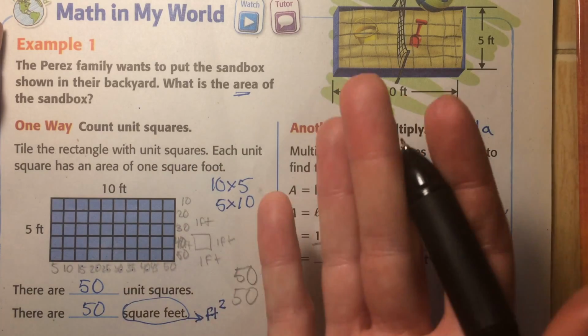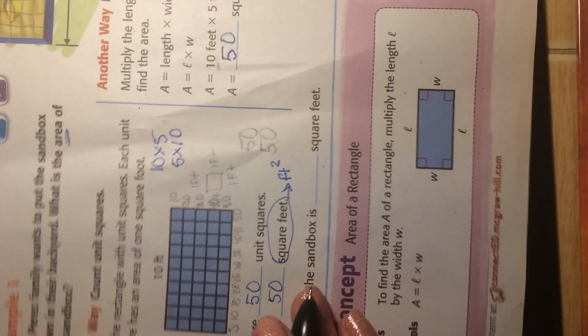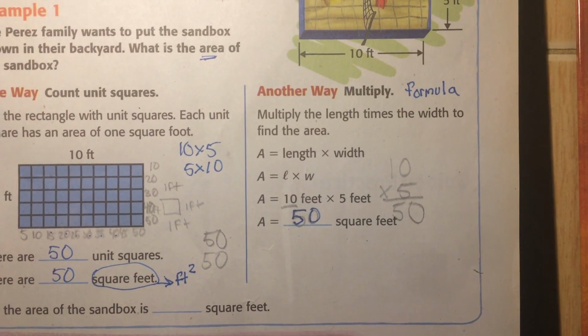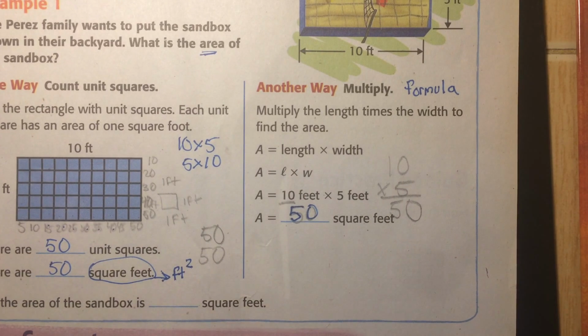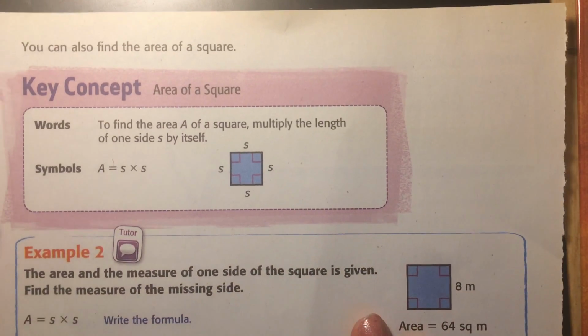So either way, whichever one is length times width, it doesn't really matter because I could flip this over. Length times width or width times length finds you the area. Oof, that's so much easier than counting it up in your head all the time.